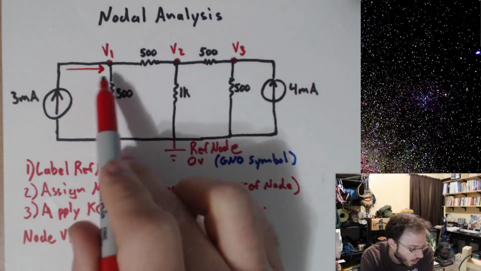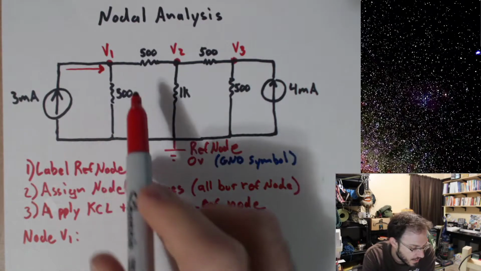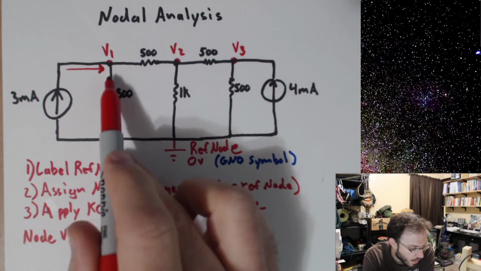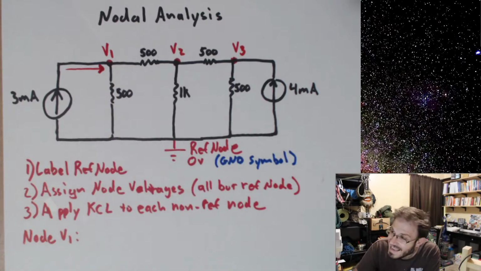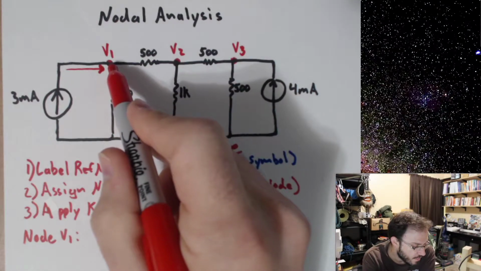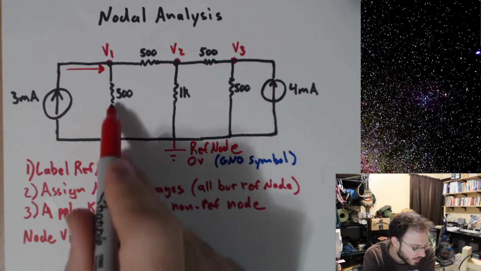Okay, now for the sake of the current that's going through this 500 ohms, whether it's leaving or entering V1, again, I'm going to go ahead and pick a direction that makes sense for the sake of writing this equation more easily. Over here, I have V1. I have ground on the other side.